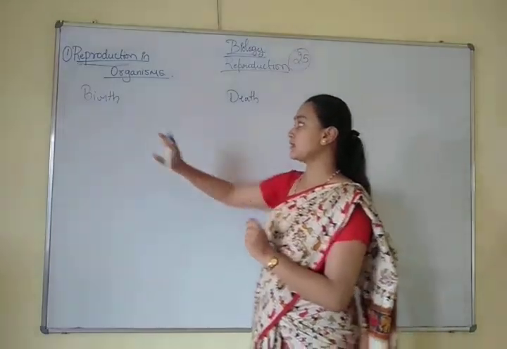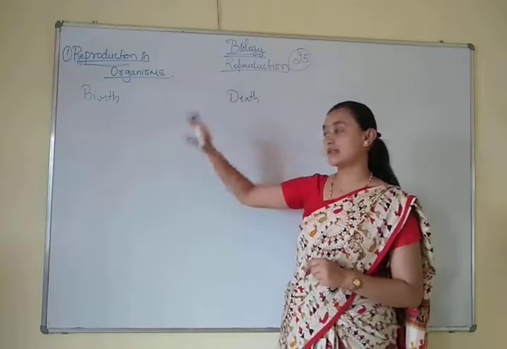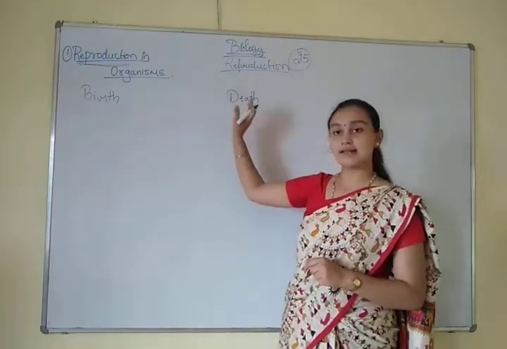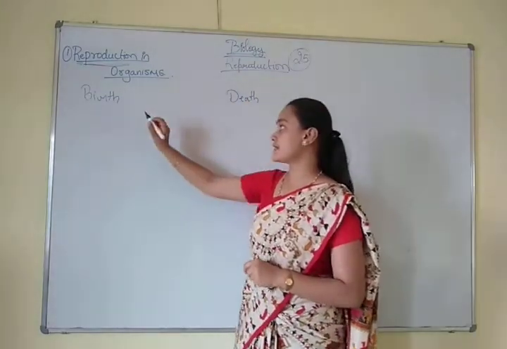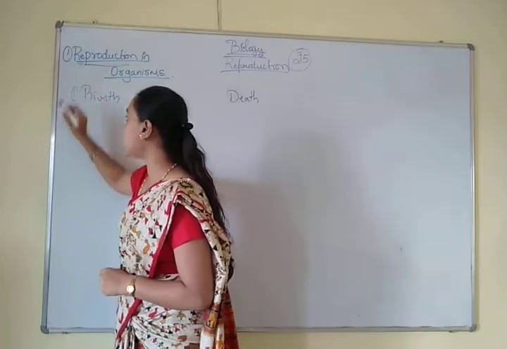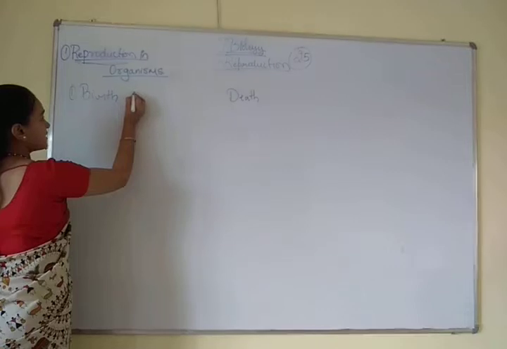In between the birth and the death, there are different stages. The first stage is birth. From the birth it is followed by the second stage called the juvenile stage.